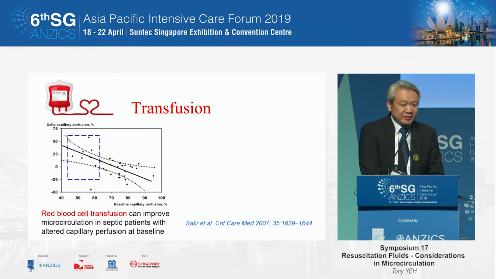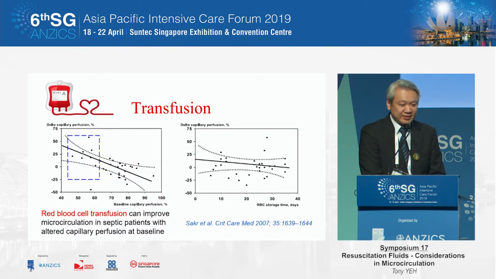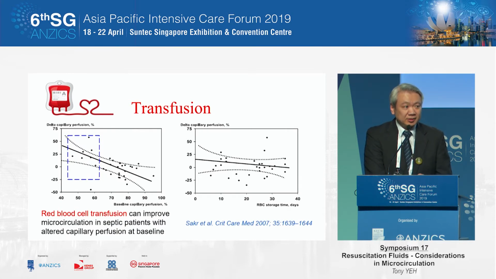And how about the storage of the RBC? It seems it is slightly influenced if you keep your red blood cells longer, maybe more than 30 or 40 days. As you can see, there is a slight change, because they think if you store the packed RBC longer, it will lose its ability to deform.